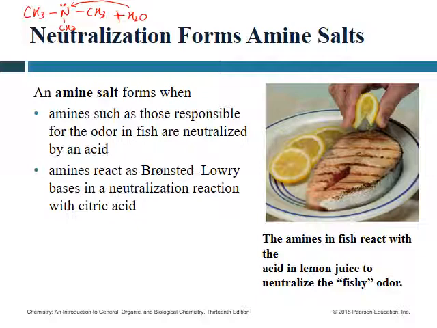It will turn into CH3, CH3, CH3 with a hydrogen now, and because nitrogen has 4 bonds, it will have a positive charge, and what is left is OH minus from water. As long as this nitrogen does not have a positive charge, it can accept a proton. Once it gets a positive charge, it can no longer accept any more hydrogens.